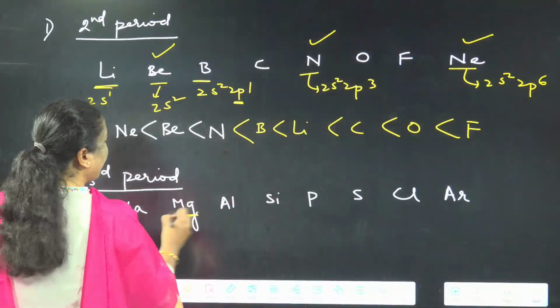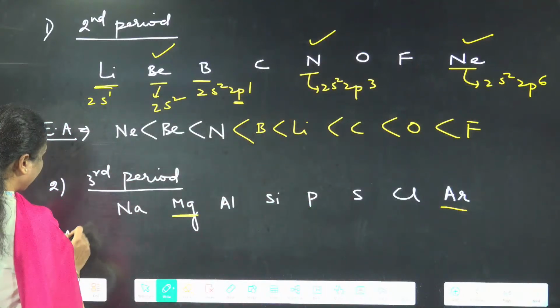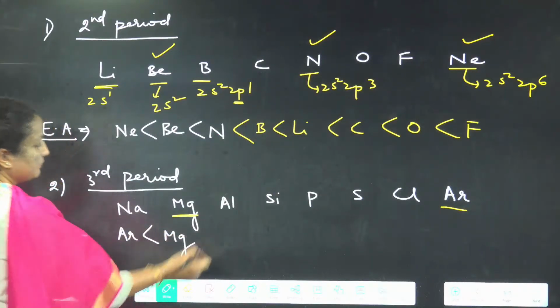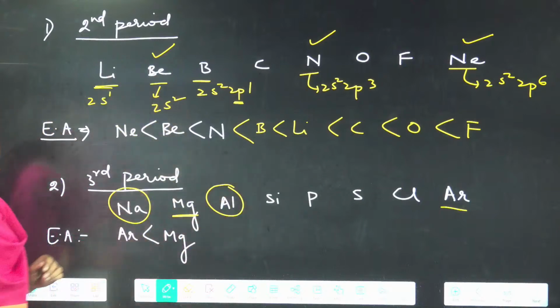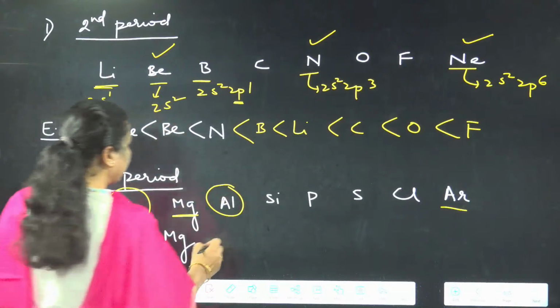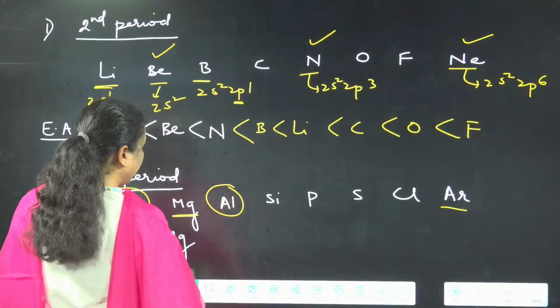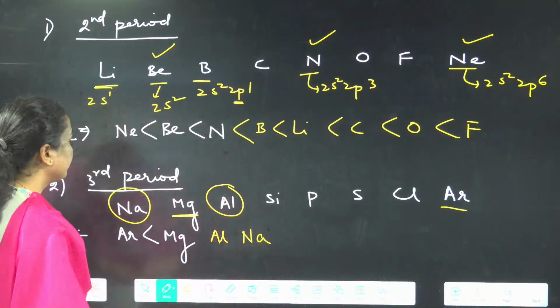Here, negative for magnesium and argon. Now if I want to arrange the electron affinity, it will be argon less, and then magnesium. Now coming to sodium and aluminium, apply the same effect which you applied for lithium and boron. In that case, sodium will have higher electron affinity as compared to aluminium. So I'll be writing aluminium and then sodium, right?